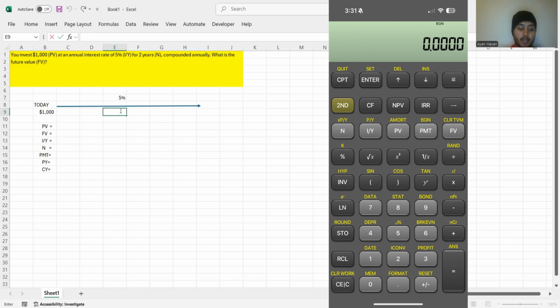So this is a timeline for 2 years. At the end of the period we have to pay an amount that we don't know. So we have to find the future value in this question.